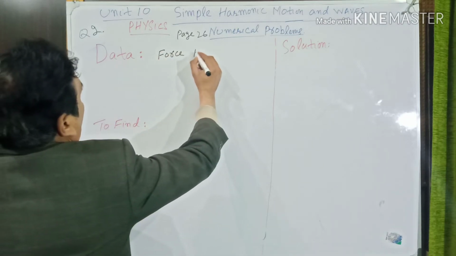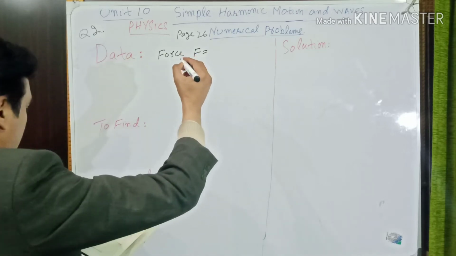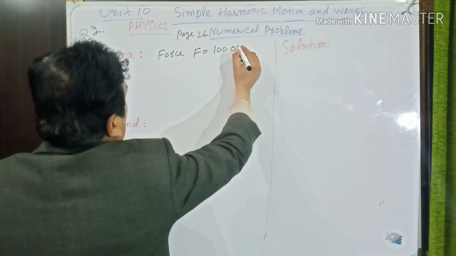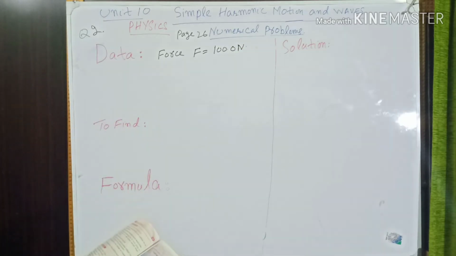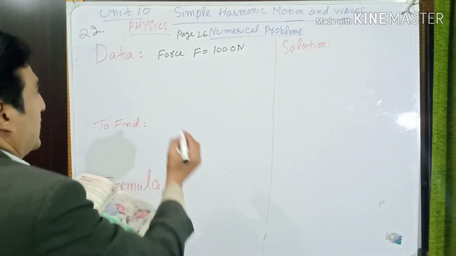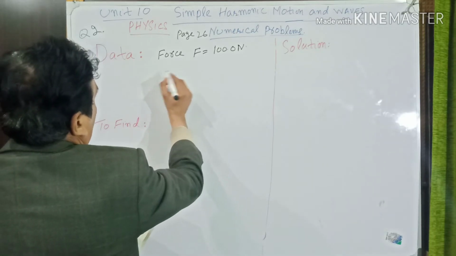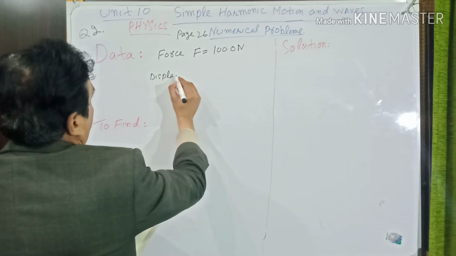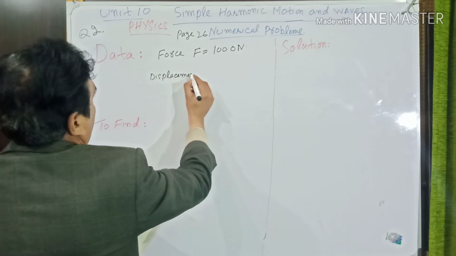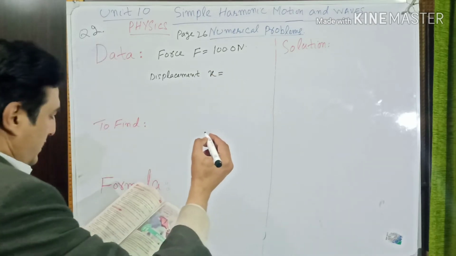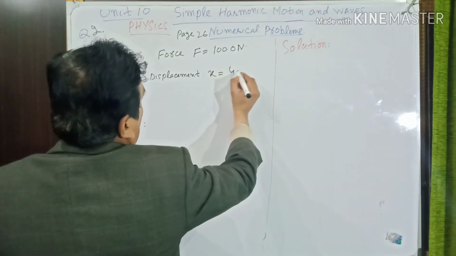Force F is equal to 100 Newton to compress it to a displacement of 4 centimeter, displacement x is equal to 4 centimeter.